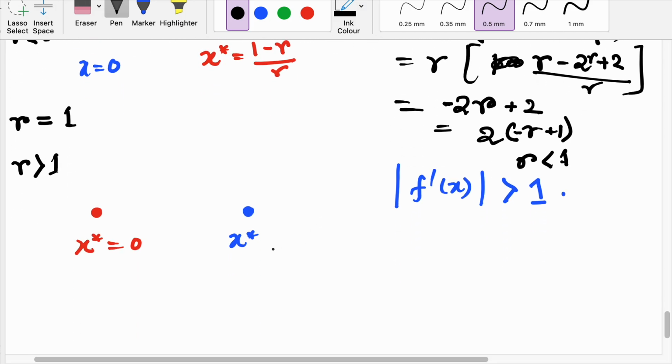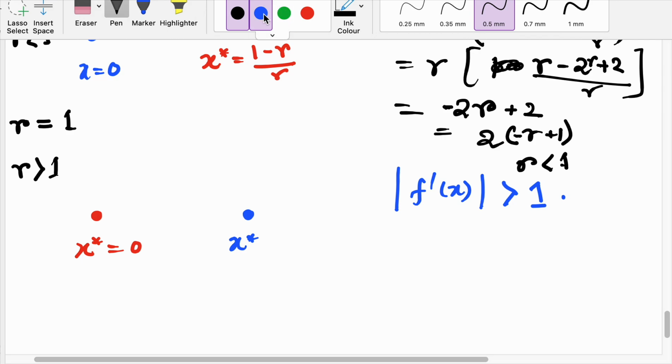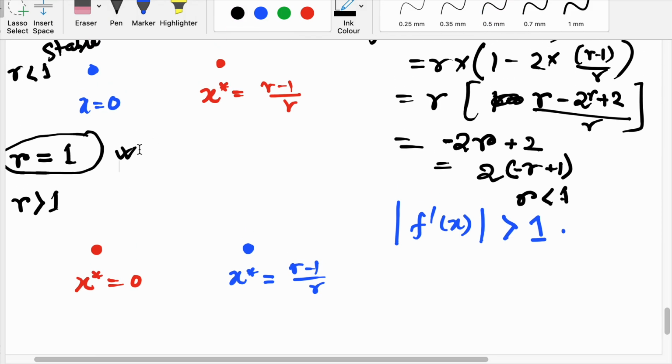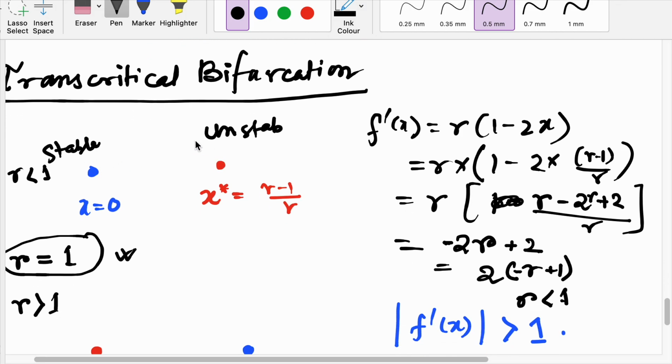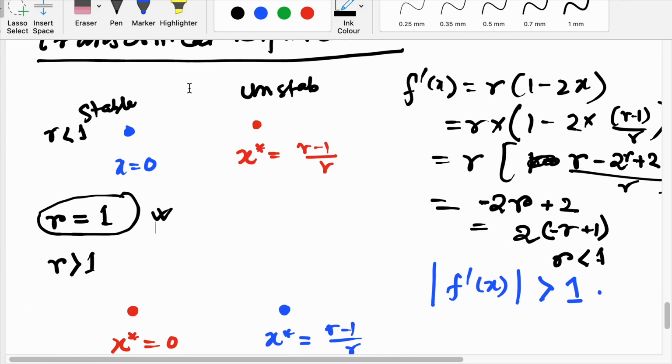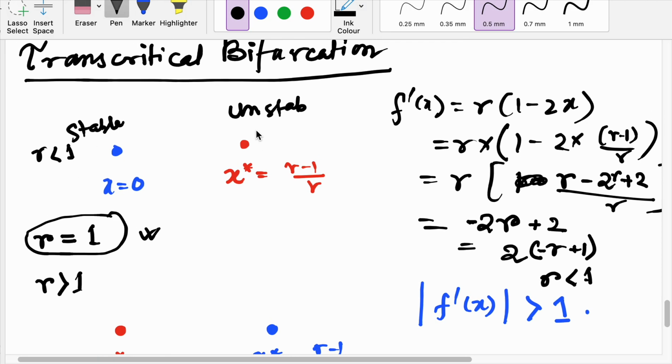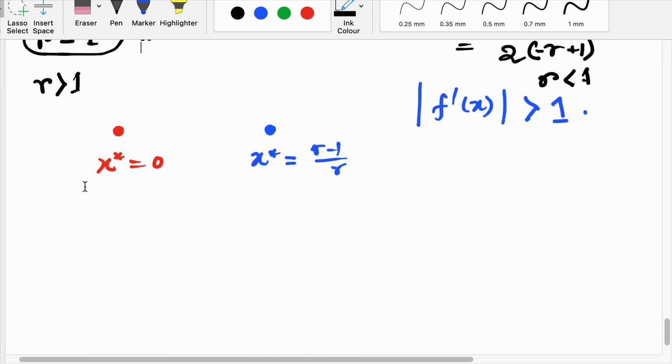When r is greater than 1, you will find that x star equal to (r minus 1) by r becomes stable. So as my parameter goes through this point, you will find that the stability of these two points changes between themselves. So this is called the transcritical bifurcation.